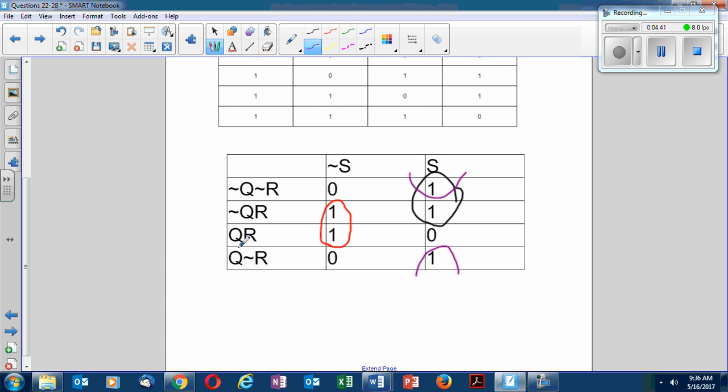Q and not Q cancel out, so the expression for this one is R not S. For these two, R and not R cancel out, so it's not Q, S. And for the purple ones, Q and not Q cancel out, so it's not R. And that is already a simplified expression, so I don't have to simplify this any further. I'm done.